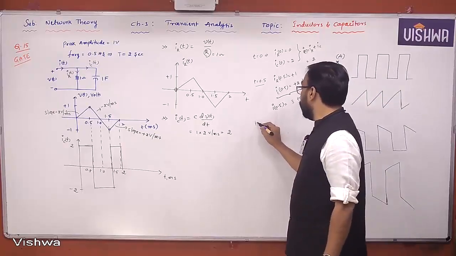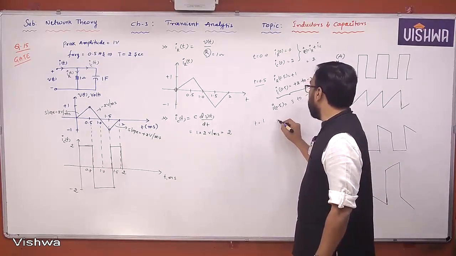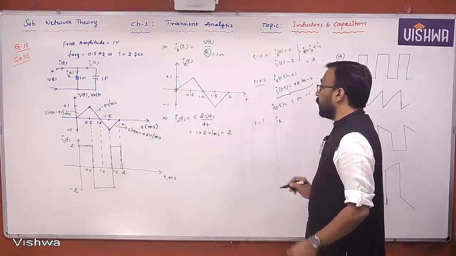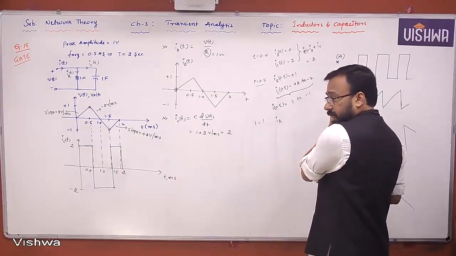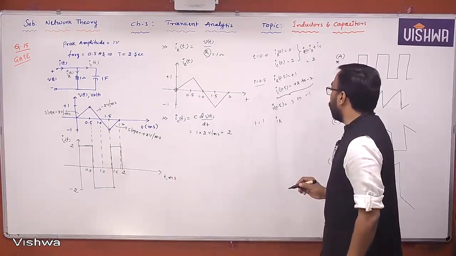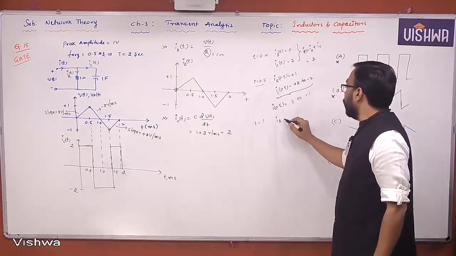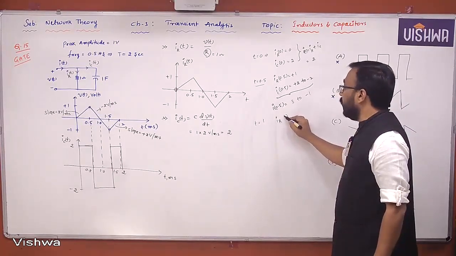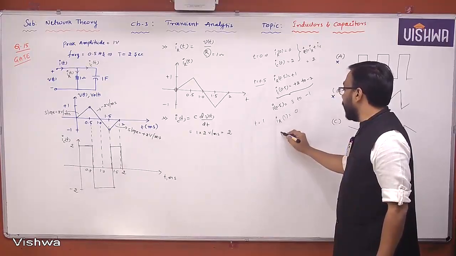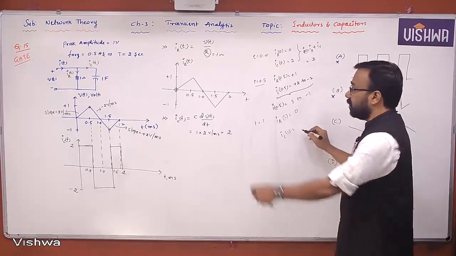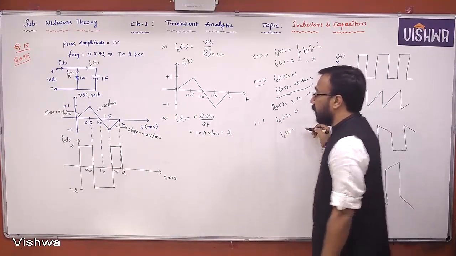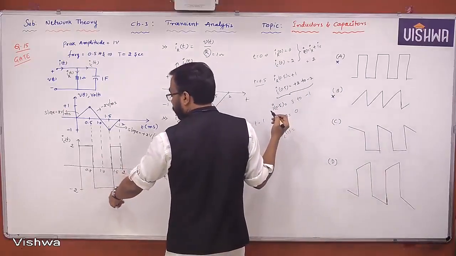Then t equal to 1. What do you get here? Because you are taking milliseconds, it is already milliseconds. IR of 1 is nothing but 0, but IC of 1 is how much here?